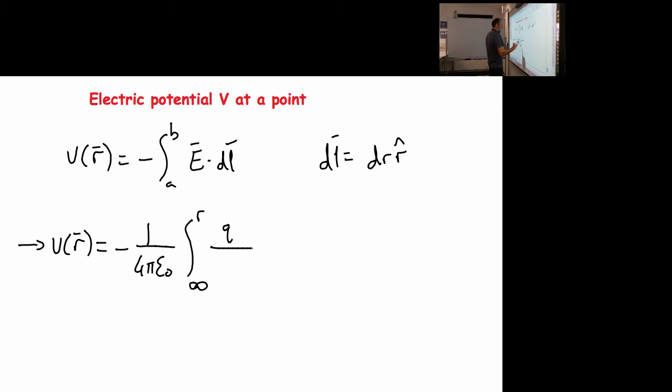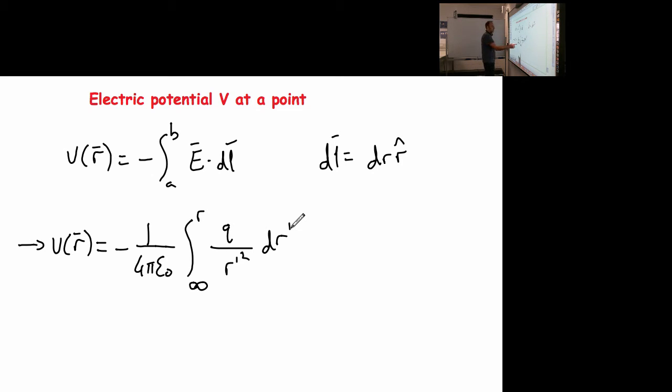Q over r prime squared dr prime. And we have the prime in there because we're talking about the source charge, the source term.